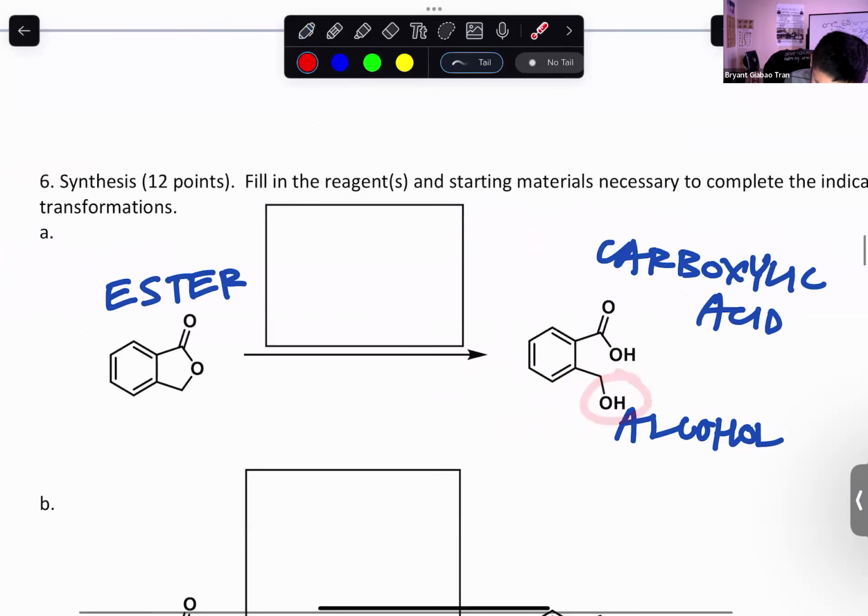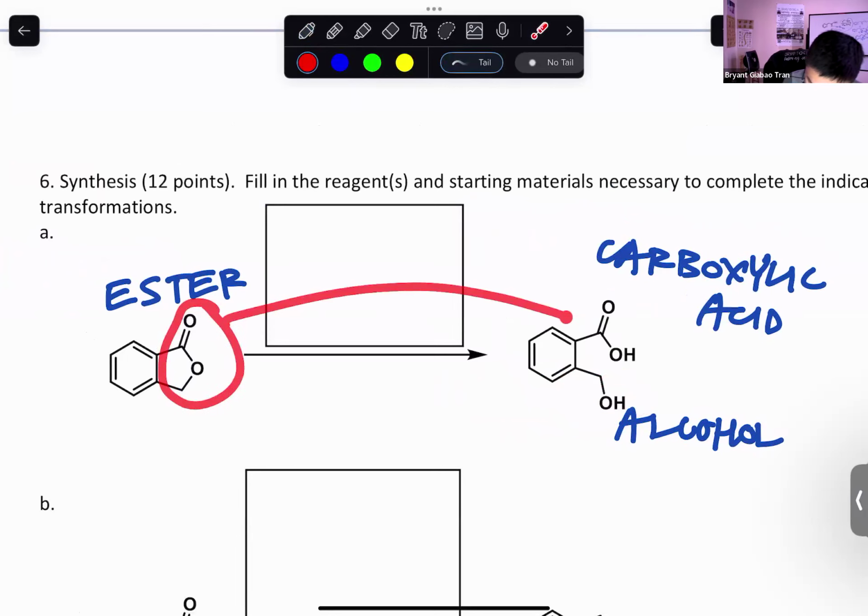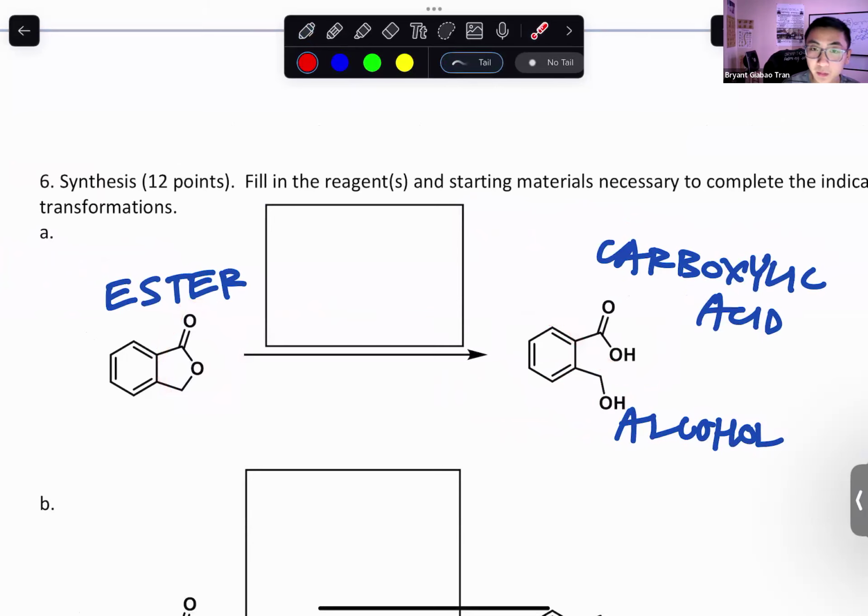So an ester is one of the carboxylic acid derivatives, where when we convert any derivative to a carboxylic acid, do you remember the reaction name of that, whenever we convert a derivative back to the parent functional group, carboxylic acid?